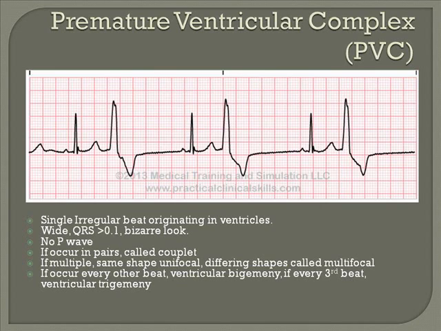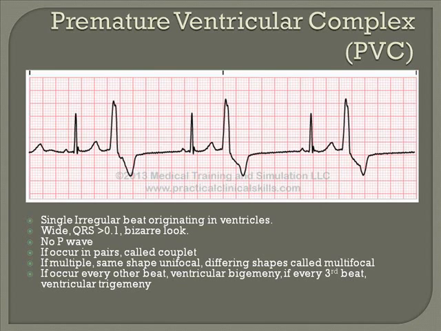This particular rhythm we have here is called a ventricular bigeminy. Again, if it was every third beat, it would be ventricular trigeminy. There's usually a serious sign. Having a PVC every now and then is fairly benign.